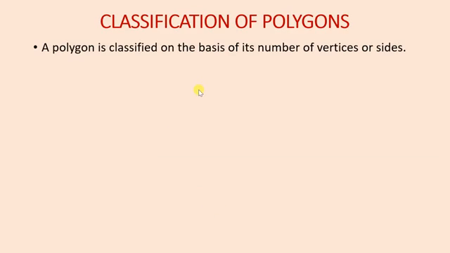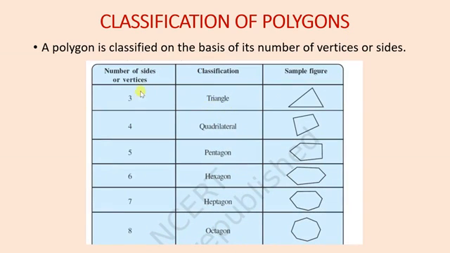Now these polygons can be classified on the basis of their number of vertices or sides. Depending on how many sides or vertices a polygon has, the polygon is named and classified accordingly. Like if a polygon has 3 sides, then it is called a triangle, like this figure.